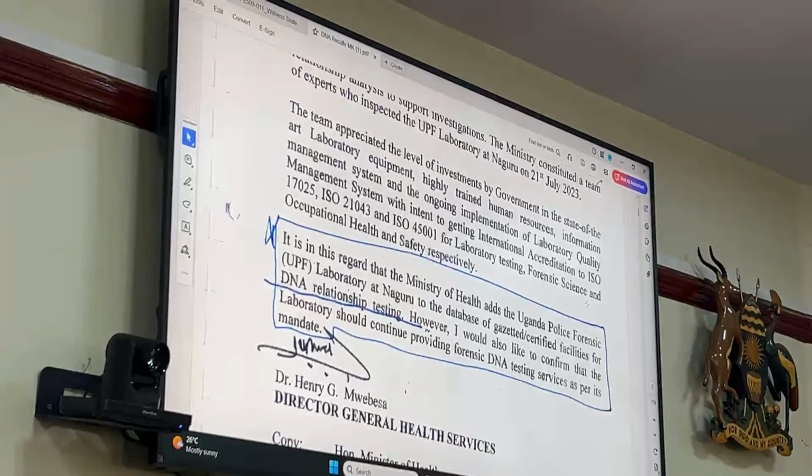And so from this letter, what were you telling my lord about the ISO certification of this lab? Whilst the laboratory are clearly working towards gaining the ISO accreditation, they as yet do not have that accreditation. And that's according to this letter. Yes, purely from this letter. What about yourself? Are you supposed to be ISO certified? All the laboratories which carry out the work in the United Kingdom are 17025 accredited.